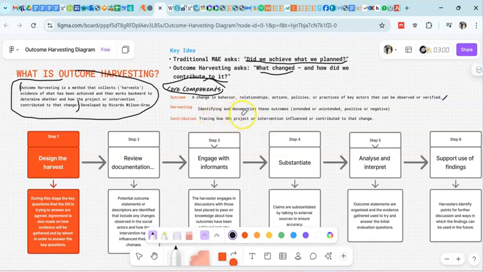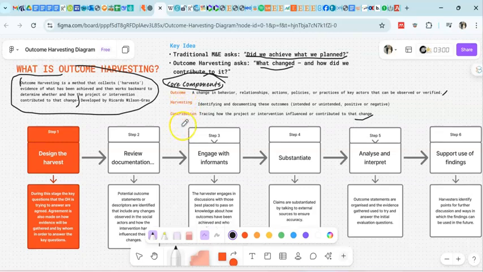What is harvesting? Identifying and documenting these outcomes, intended or unintended, positive or negative. And what is contribution? Contribution is tracing how the project or intervention influenced or contributed to that change. So these are the key components of outcome harvesting.